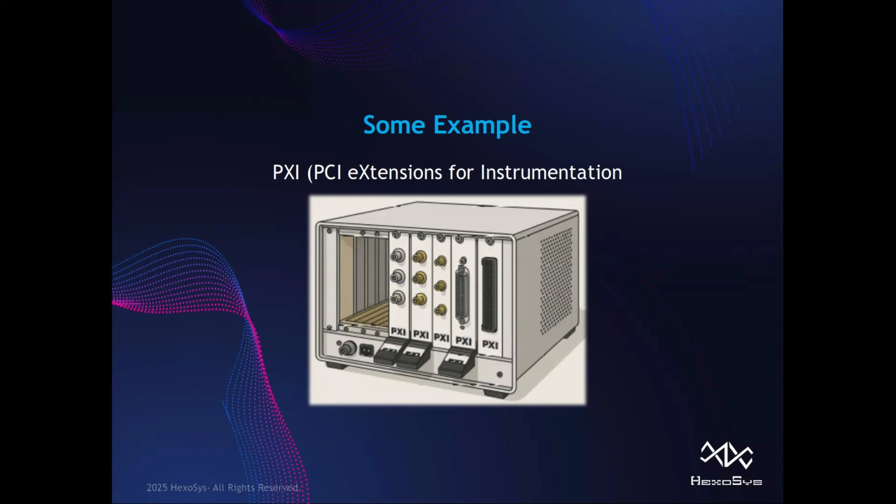This protocol and standard actually uses PCI and PCIe under the hood, but they provide a slightly different form factor of connection between cards and the system to make it more ruggedized and more resistant to industrial noise. So this protocol is mostly used in measurement and automation systems, in which you want to have a fast and responsive reading of some high-speed sensors or communicate with some actuators.